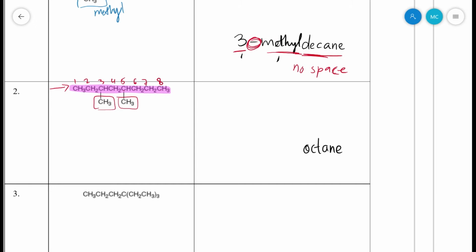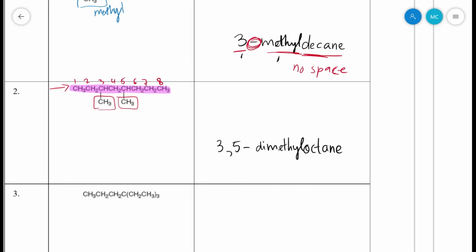There are 2 of the same group here, so there are 2 methyl groups. You need to provide the location of the 2 methyl groups and the fact that there are 2. Here there are 3 and 5. Since there are 2 methyl groups, it will be 3,5-dimethyloctane.